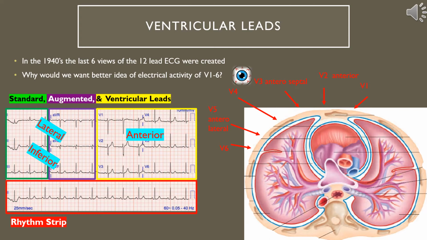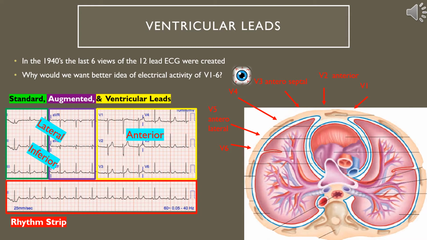When you're looking at your standard leads, which are leads 1, 2, and 3, those are on the left. Augmented leads are in the middle, and ventricular leads are on the right. When you're looking at these leads, generally leads 1, AVR, AVL are your lateral leads, and then 2, 3, and AVF are your inferior leads. And then you have your anterior leads, which are your ventricular leads.